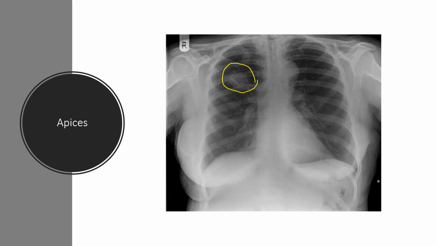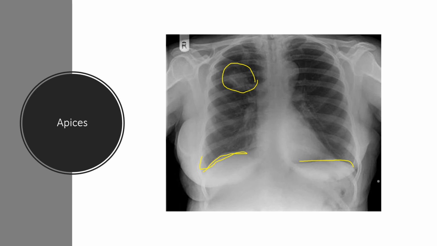Now the A through I technique, A is for apices, so I'm going to review the apices first. You can see other things like bases. I'm going to look at my costophrenic angles here. D is for diaphragms. I'm going to count the ribs. E is for esophagus if they had an NG tube. F is for fissures. I'm going to look for their fissures.